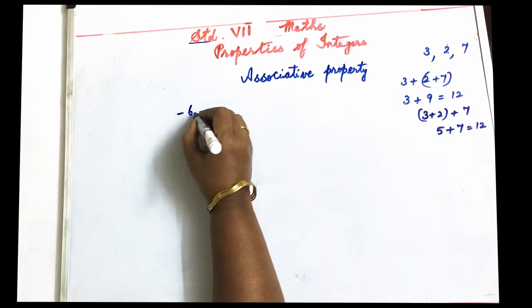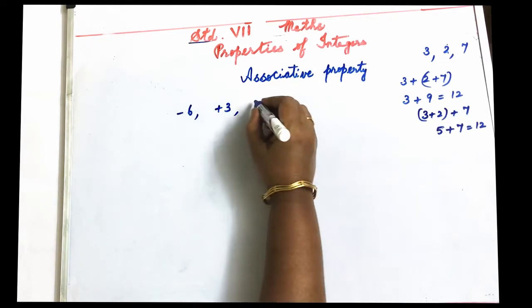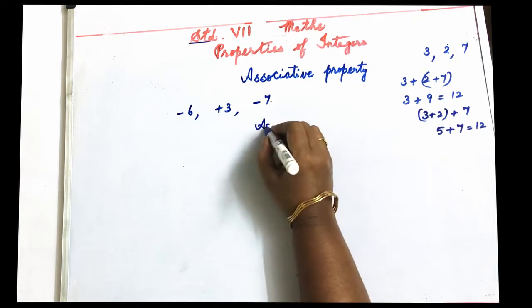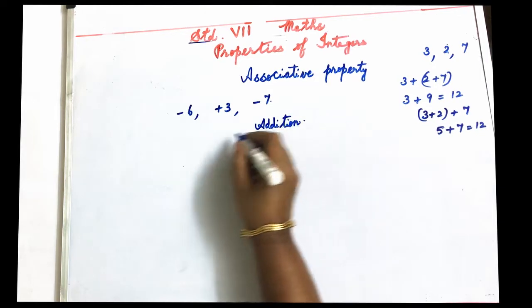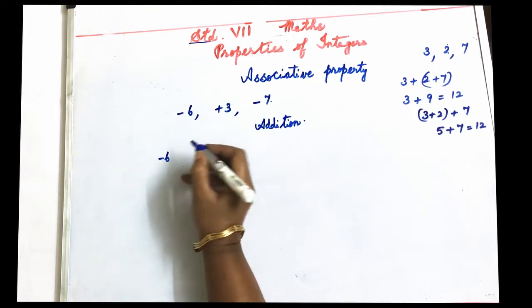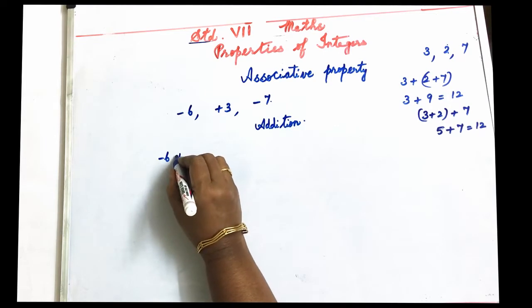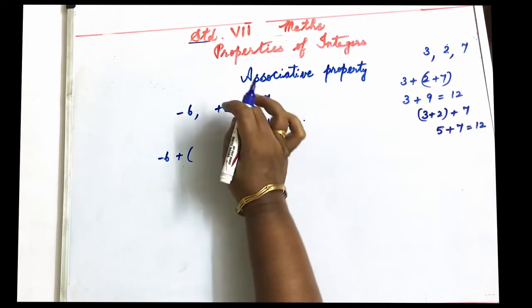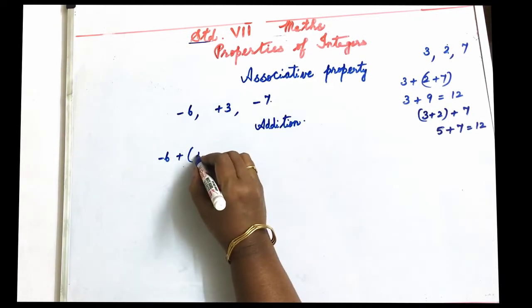Consider three integers minus 6, plus 3 and minus 7. First we are going to verify for addition. So minus 6, because it is addition, so put plus, and inside the bracket now we are going to group the second integer and third integer within the brackets.